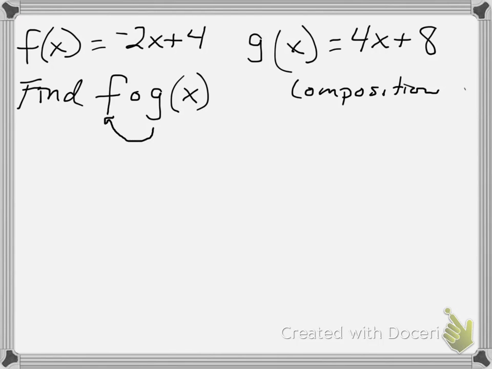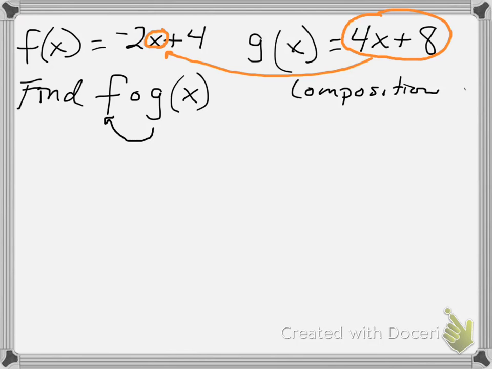Okay, in your English class. We're going to go right to left. And what we're going to do is take the g function, the whole function, and wedge it into the f function where the variable is. All right? So my whole orange circle is going right there into that orange circle.